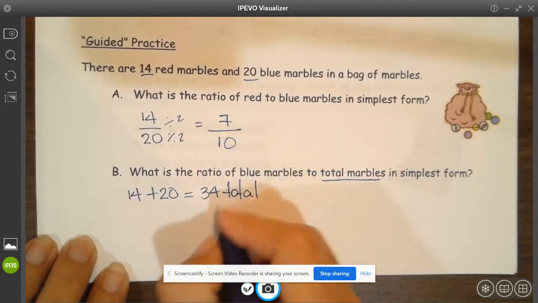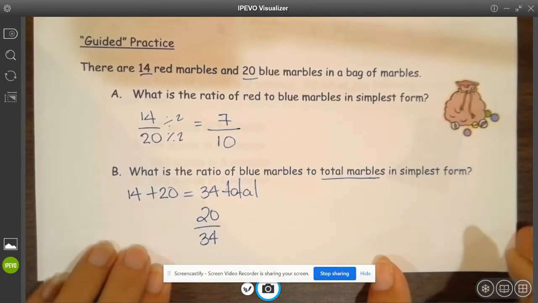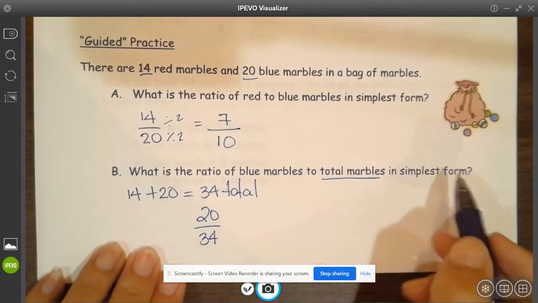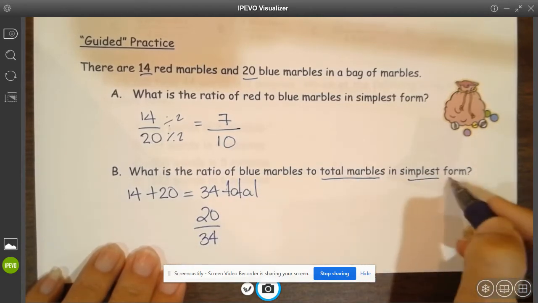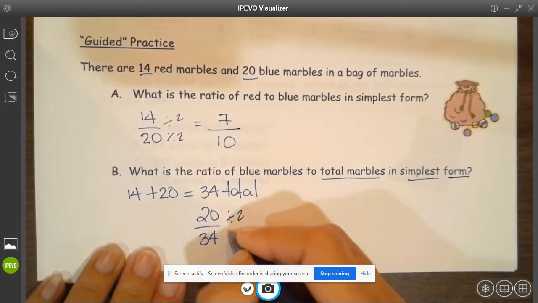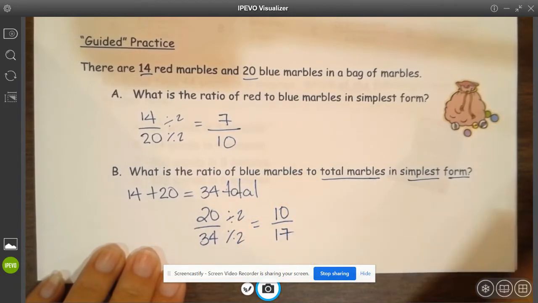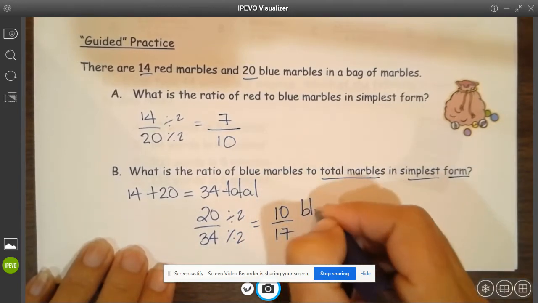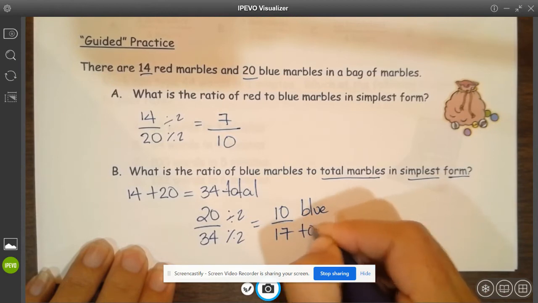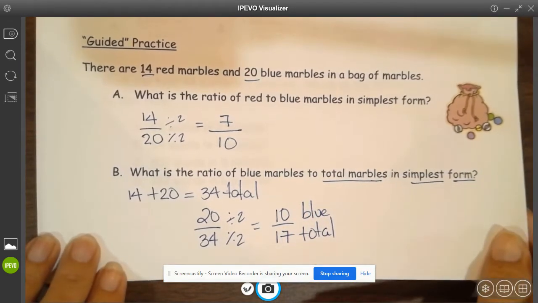So blue, there are 20 to total, which is 34 total marbles. And then we put it in simplest form. We can divide this by 2. That would be 10 over 17. So 10 blue over total. That is a ratio. Okay, let's keep going.